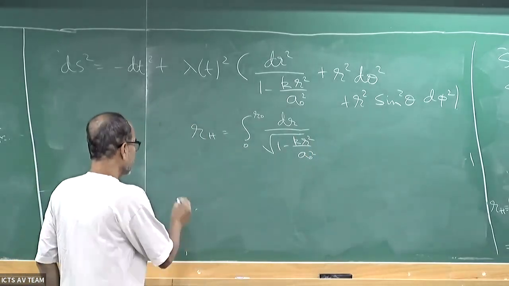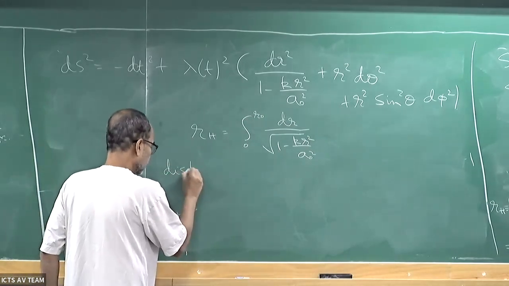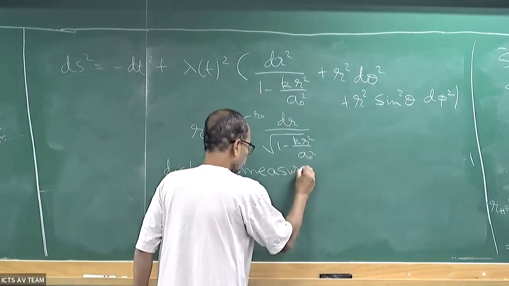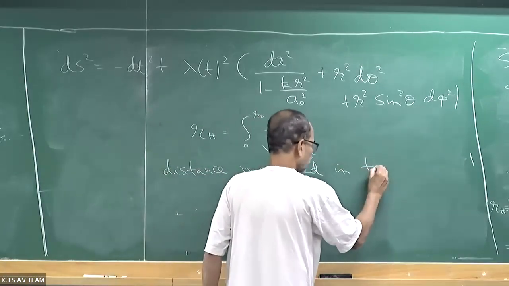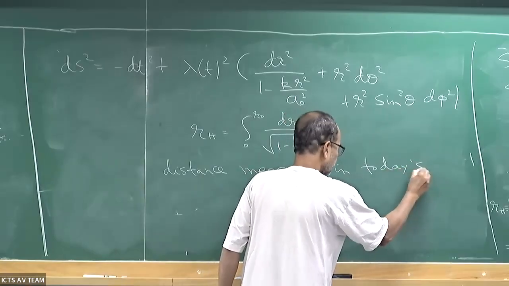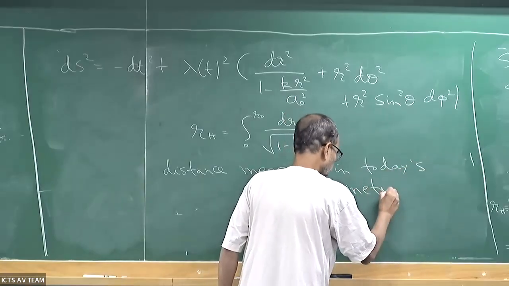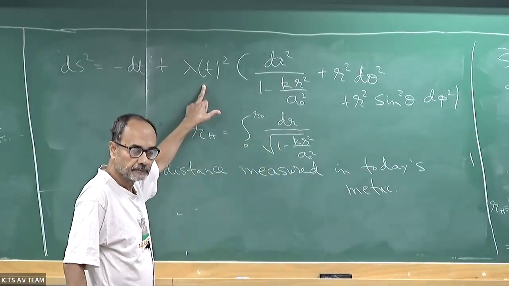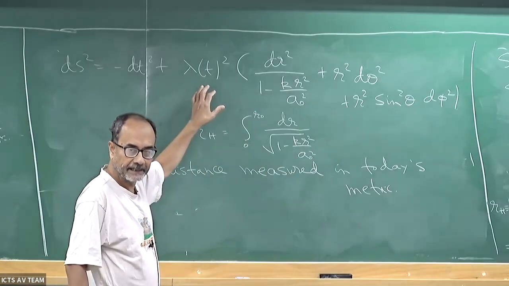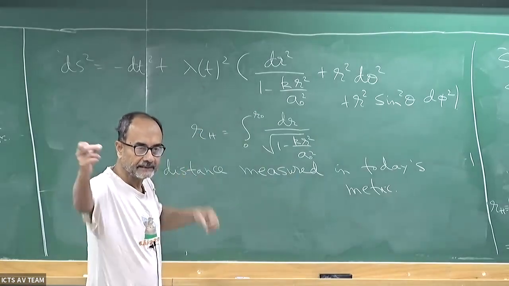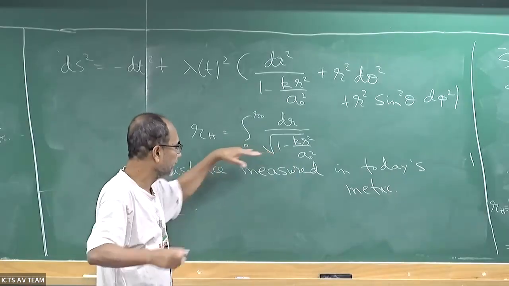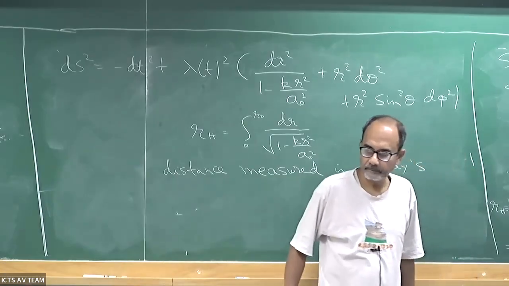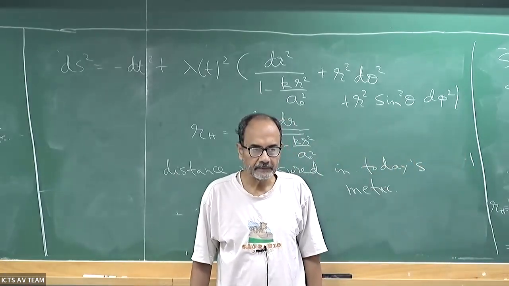So this is the distance measured in today's metric, because today lambda of t is 1. So if you are using the metric today, the point r naught would have been this far away. That's why RH is called the co-moving horizon. Is this clear?